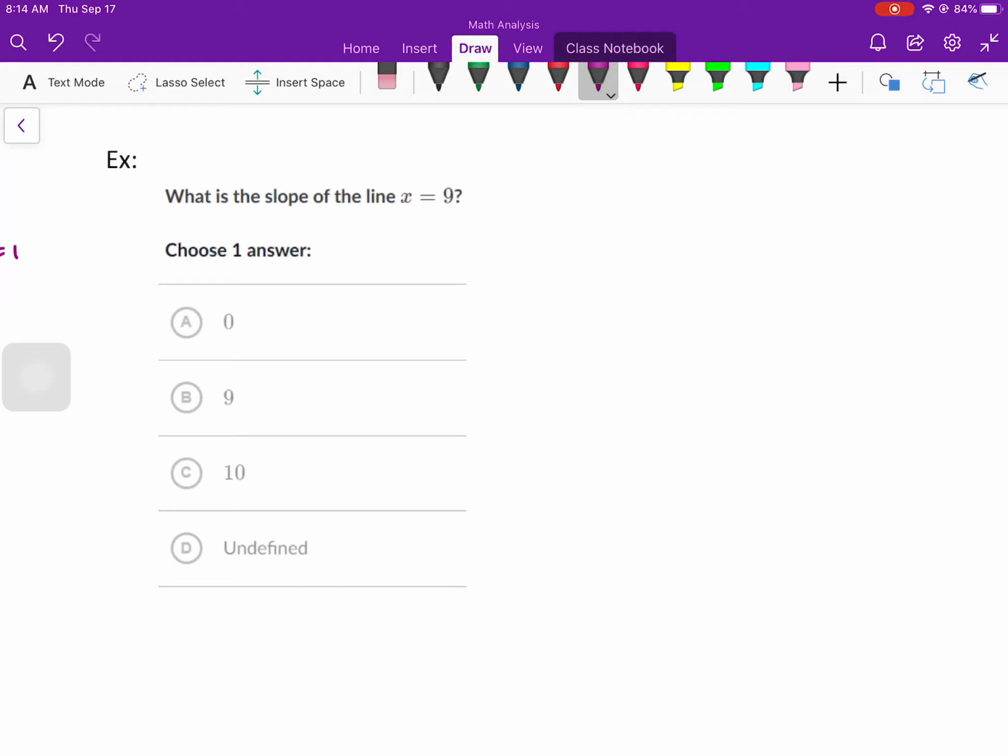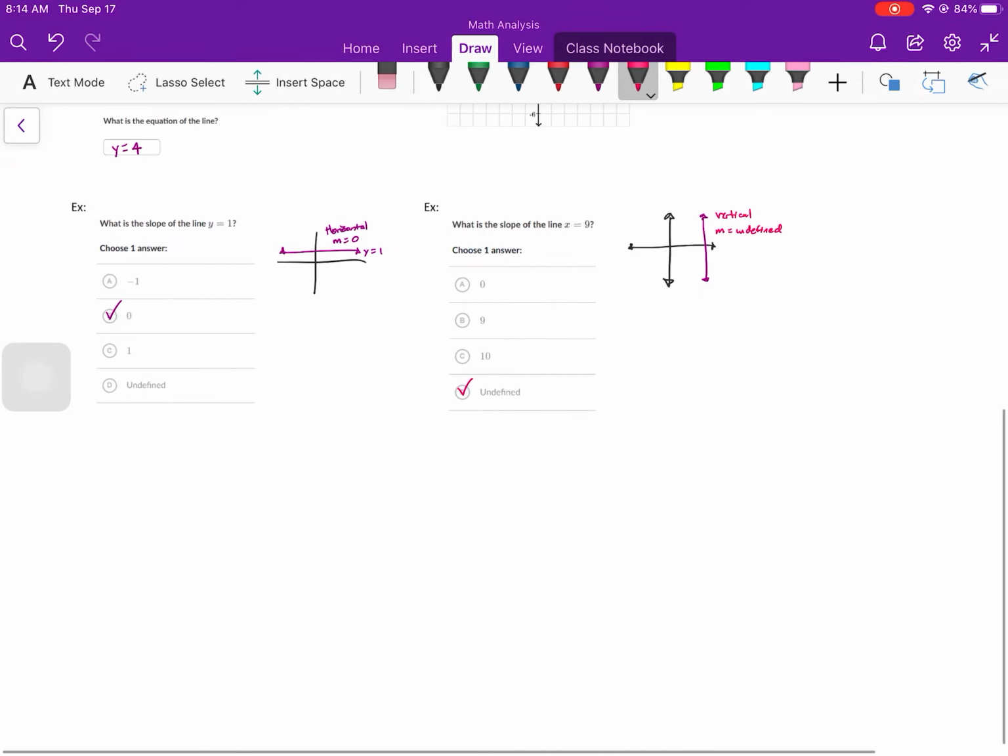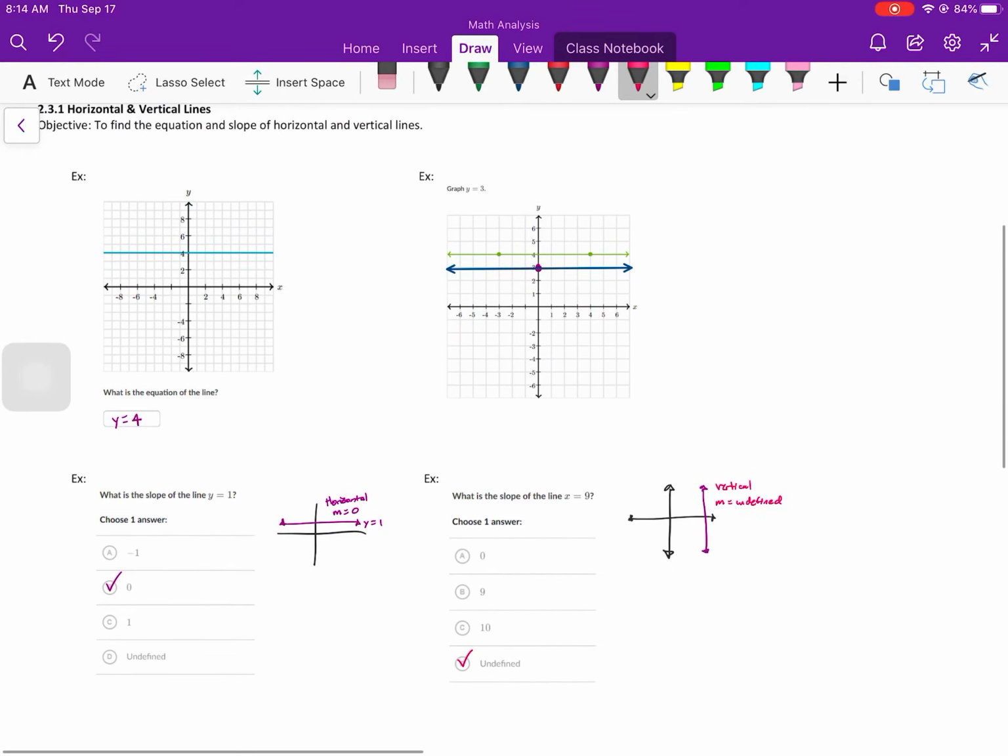And then what is the slope of x equals 9? That would be a vertical line over here somewhere, and that would be undefined slope. So vertical. And that's it. That's pretty much the assignment.